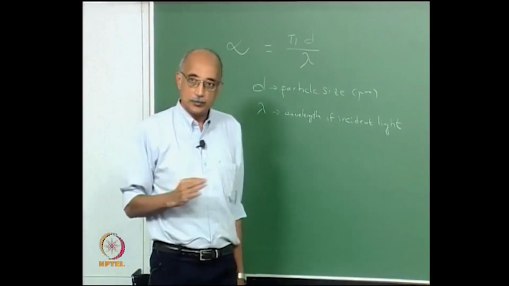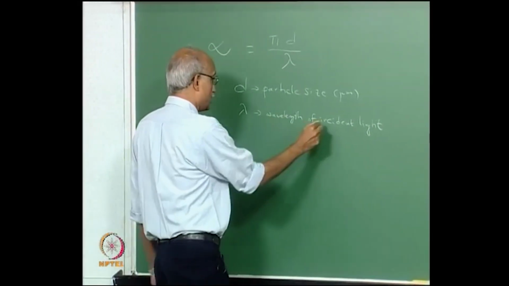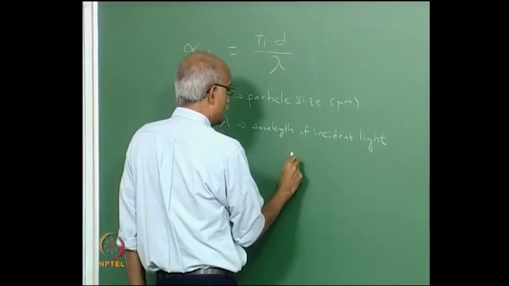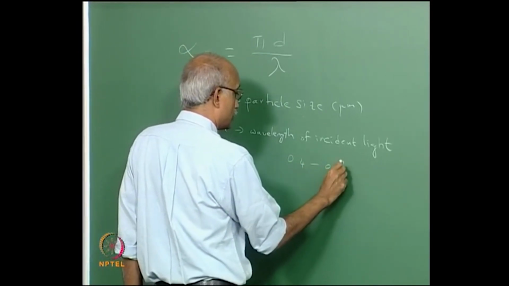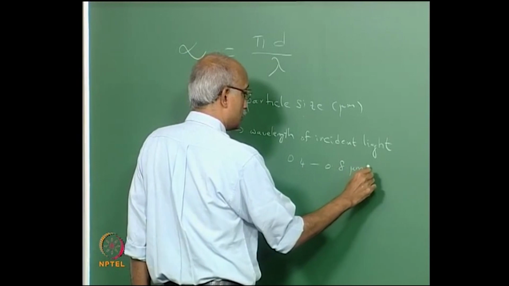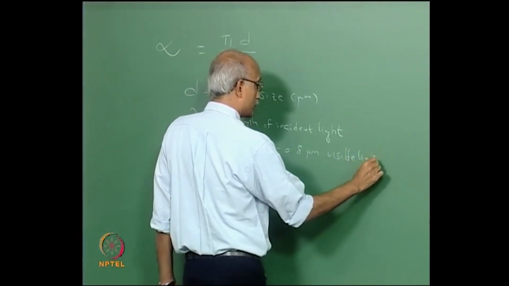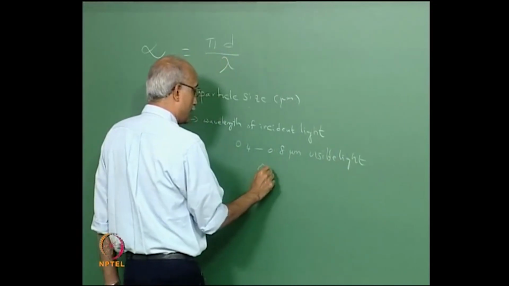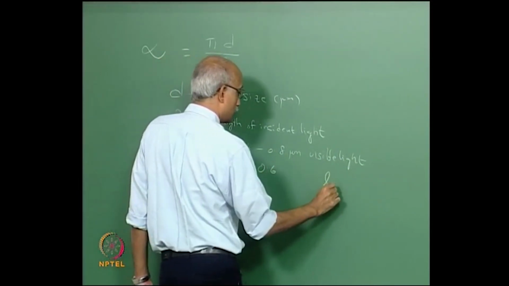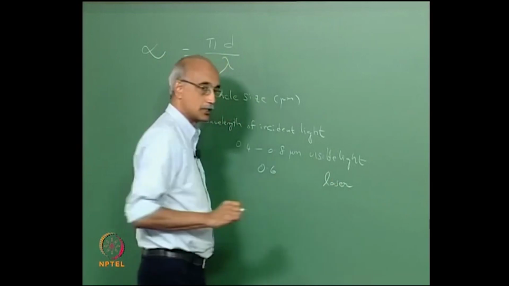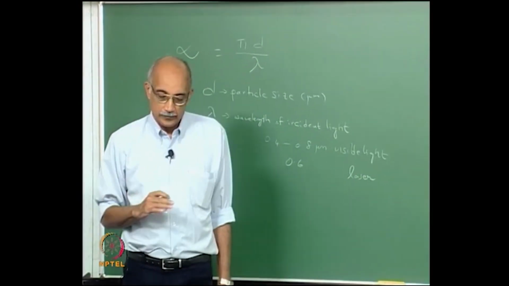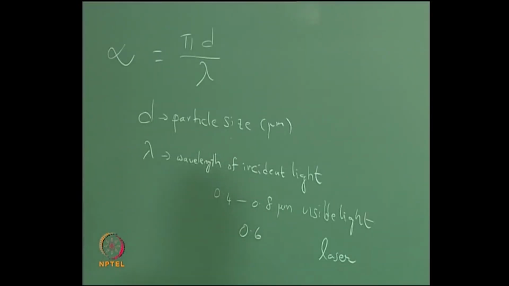Again, for visible light, the range of wavelength is roughly from 0.4 to 0.8 micrometers, and laser is somewhere in the middle of this wavelength range. So if you look at this ratio, why is it so critical?